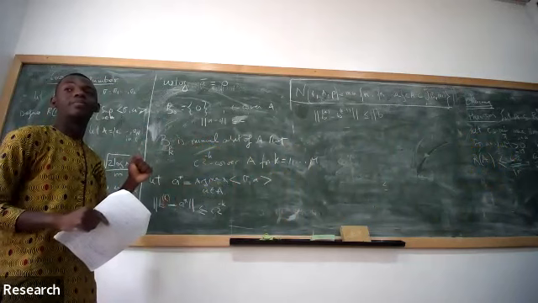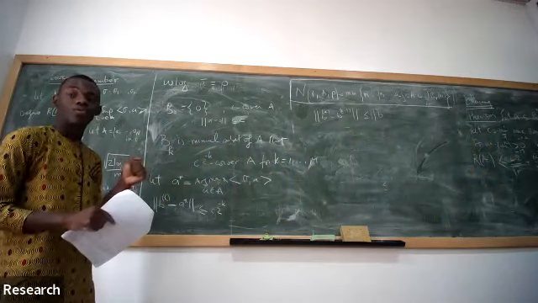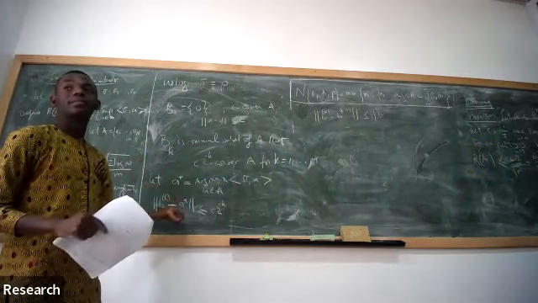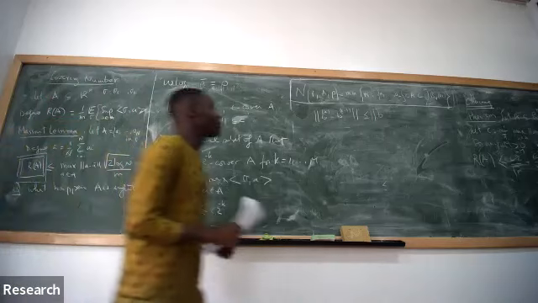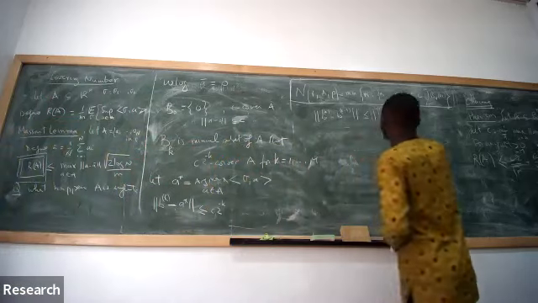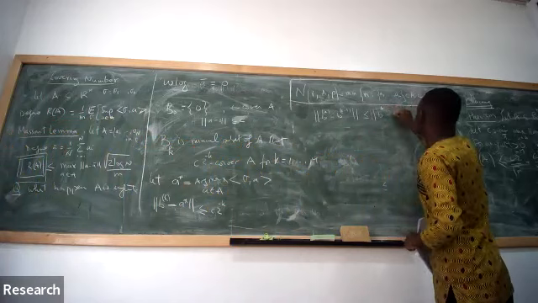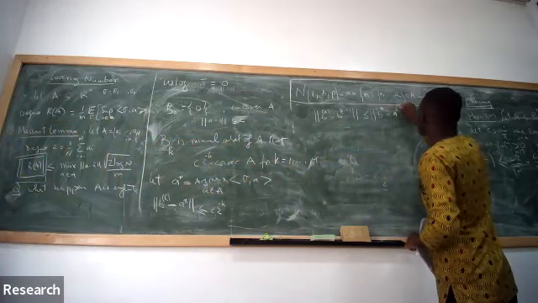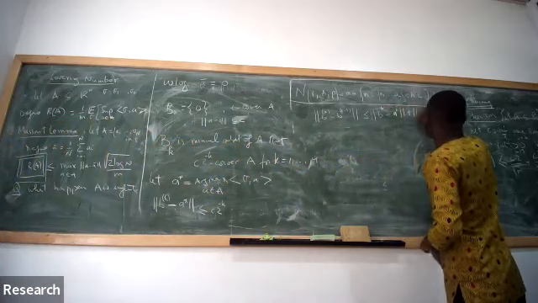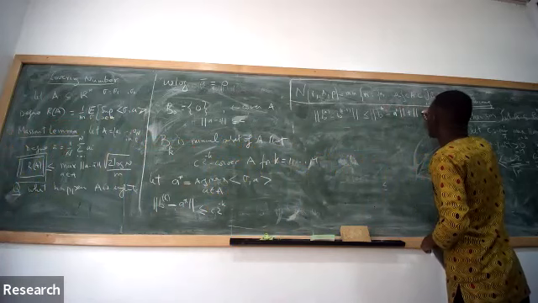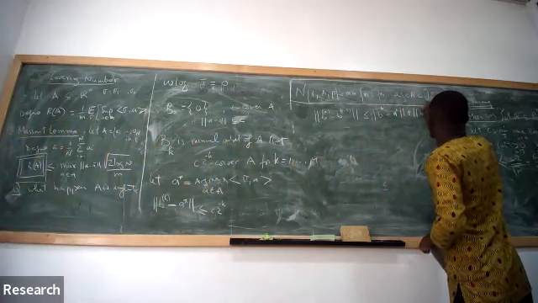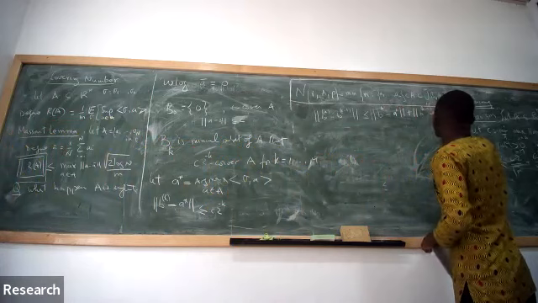All of them are close to A star. Okay, so if I interpose, like here, we get A star minus A star.